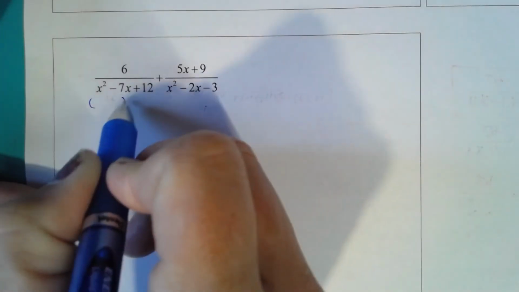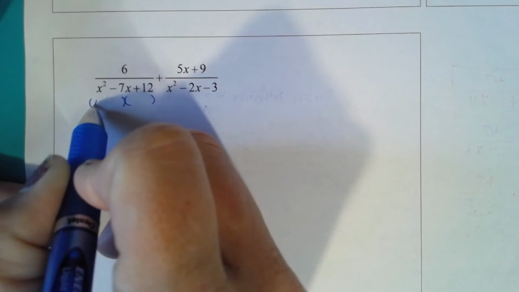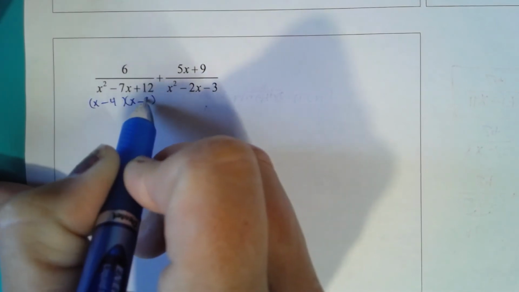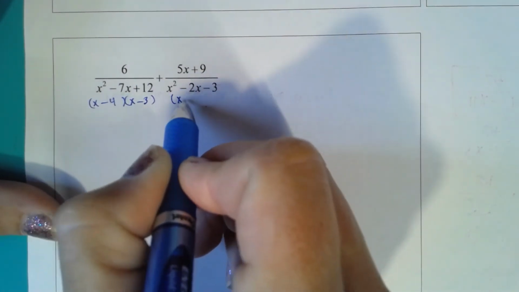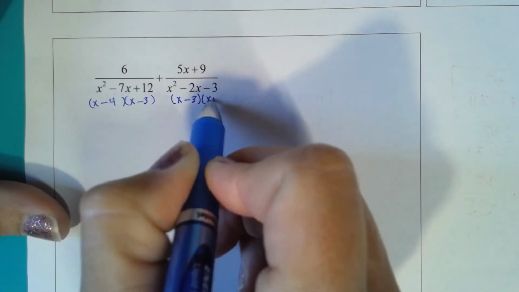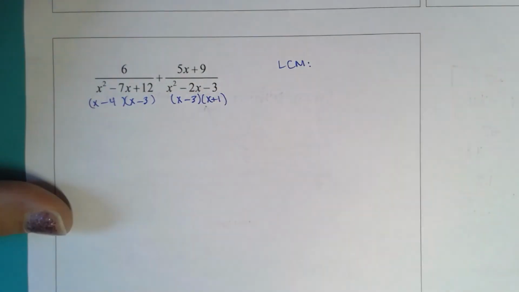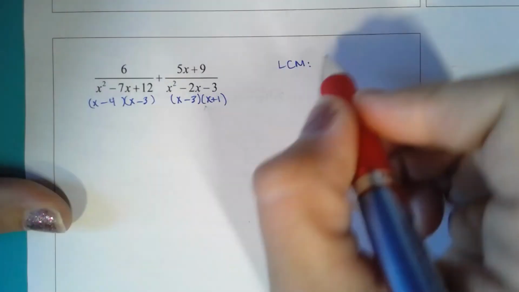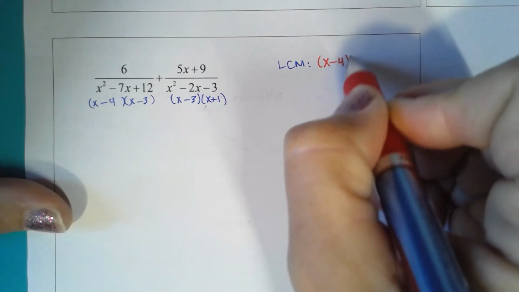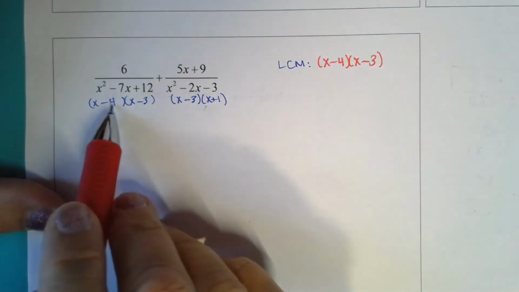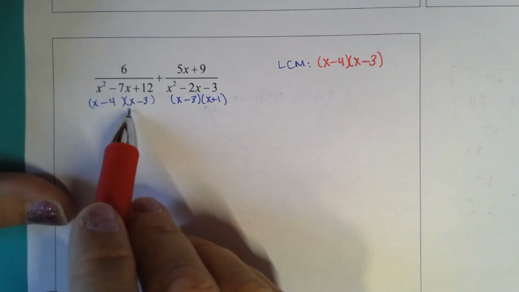This denominator is going to factor into x minus 4 and x minus 3. This denominator is going to factor into x minus 3 and x plus 1. So my least common multiple says I need every factor from the first fraction, so x minus 4 and x minus 3.